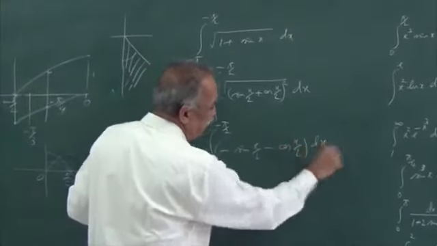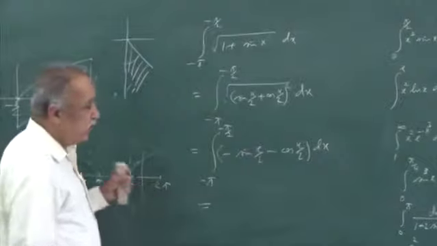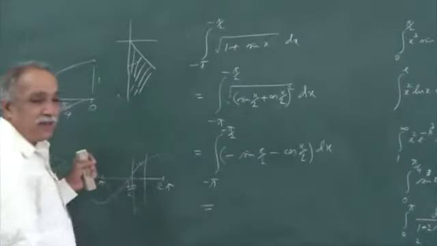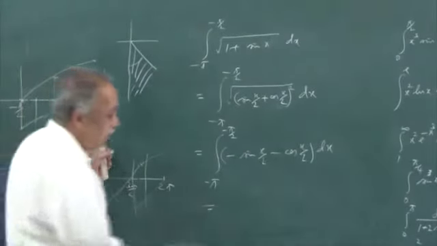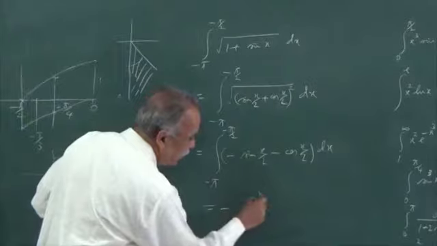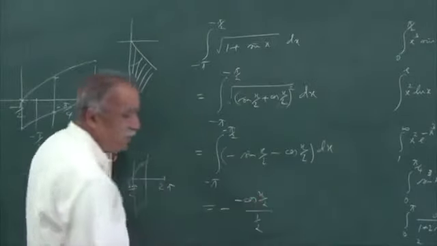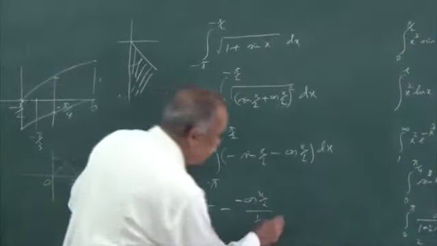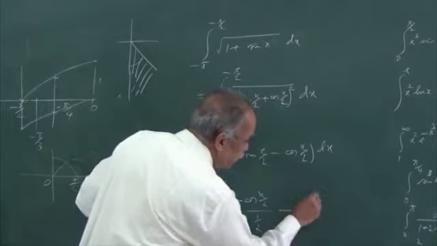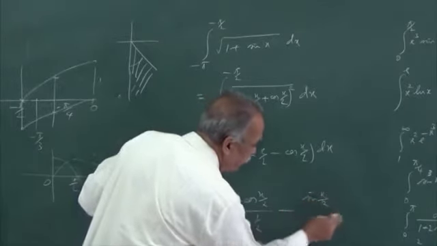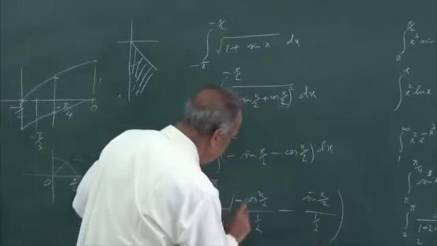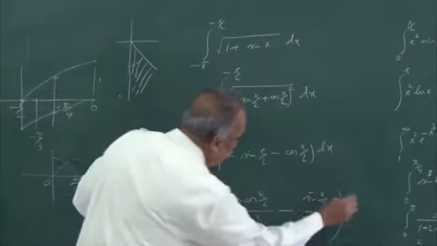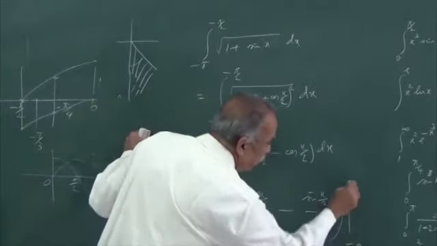So this is what I am supposed to integrate. On integrating and applying the limits, I get my answer. This will be minus cos x by 2 by half, am I right? Minus sin x by 2 divided by half. Limits are minus pi and minus pi by 2.